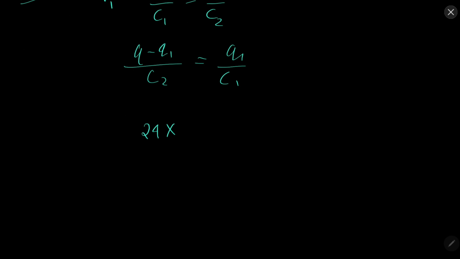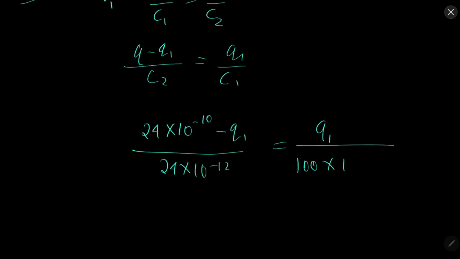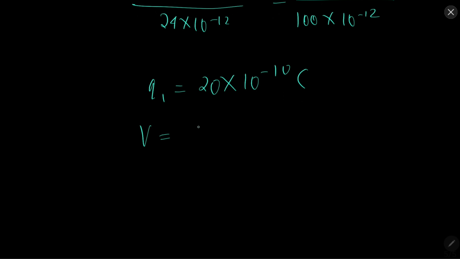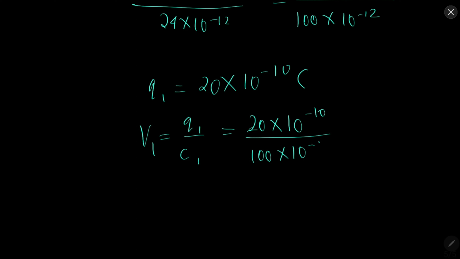So 24 into 10 to the power minus 10 minus Q1 over 24 into 10 to the power minus 12 equal to Q1 over 100 into 10 to the power minus 12. So from here Q1 will come to be 20 into 10 to the power minus 10 coulomb. Voltage will be Q1 by C1, 20 into 10 to the power minus 10 over 100 into 10 to the power minus 12, 20 volt.